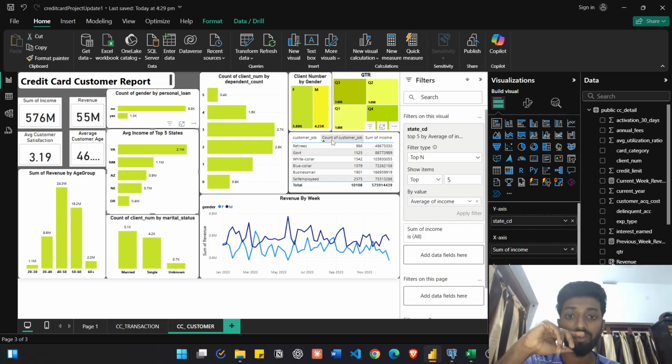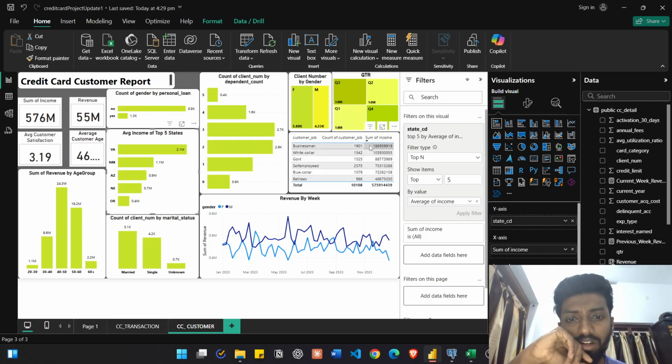Customer job, count of customer job, that shows 10,000, and the sum of their income. And here we could actually give a rough sketch. Here we could see 1,900 people are businessmen and they generate the most income, right? Higher numbers, but we have to also look at this. Self-employed is 2,575.